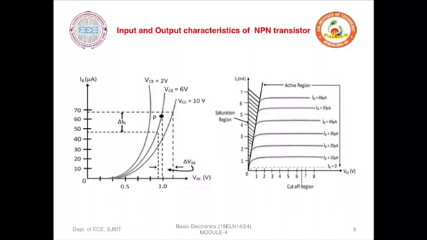Now the characteristics of this NPN transistor can be represented for both input and output, and they are called input and output characteristics. The input characteristic is the graph of VBE versus IB. VBE is taken on the x-axis and IB is taken on the y-axis.